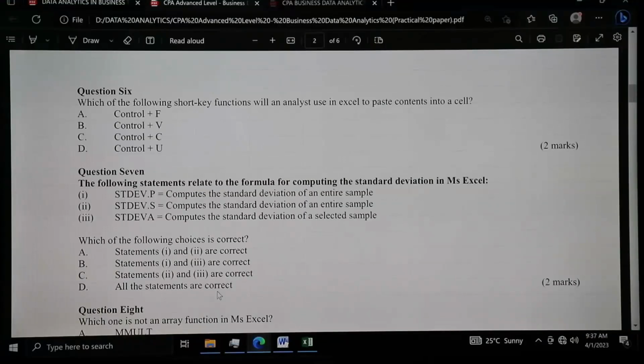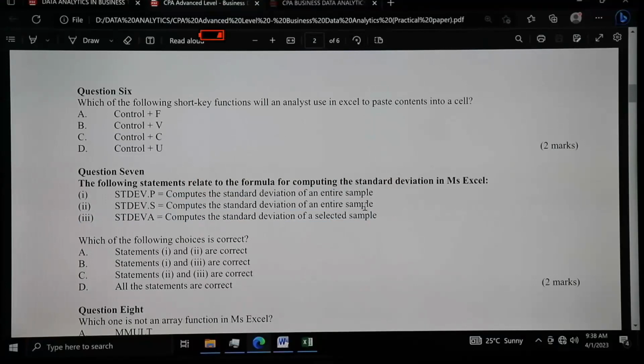And now you are told to do what? Which of the following choices is correct? I don't know whether there was a spelling mistake here, because if you check this and this, they are just the same. Both of them compute the standard deviation of the entire sample, where one should read entire population.